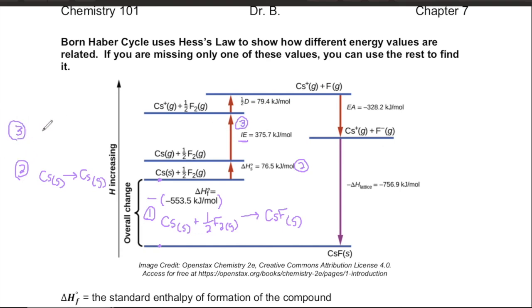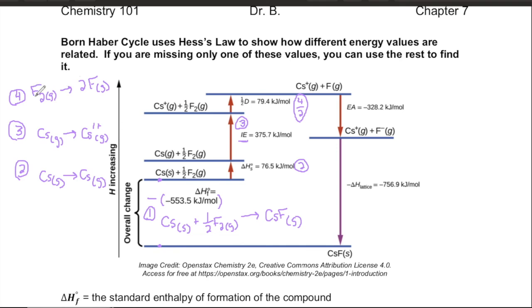So step 3 is to take this cesium gas and make it a gaseous cesium ion with a +1 charge. The bond dissociation energy is the energy needed to break 1 mole of molecules of fluorine into 2 moles of gaseous fluorine atoms. And we are doing half of this reaction.